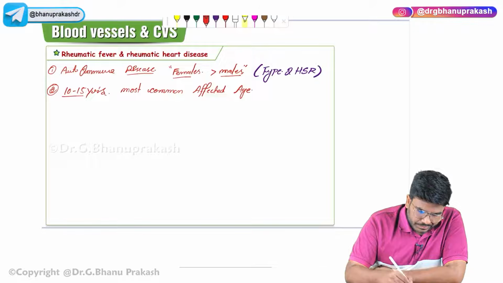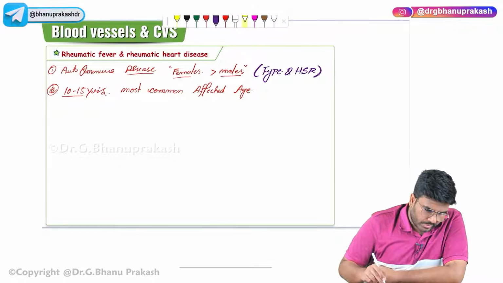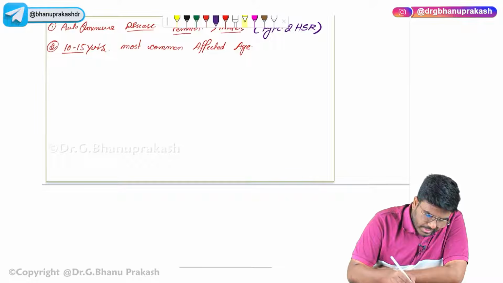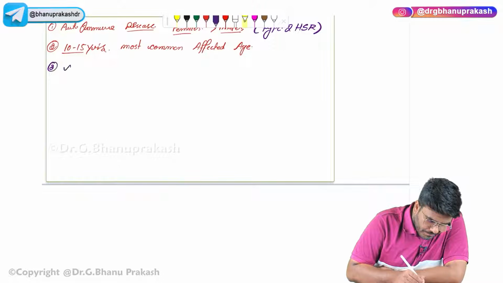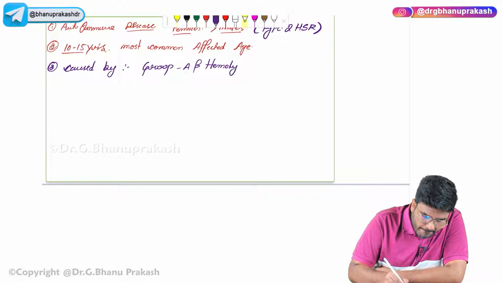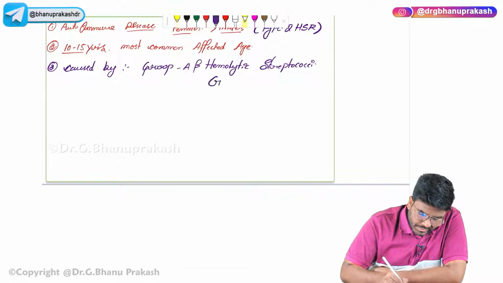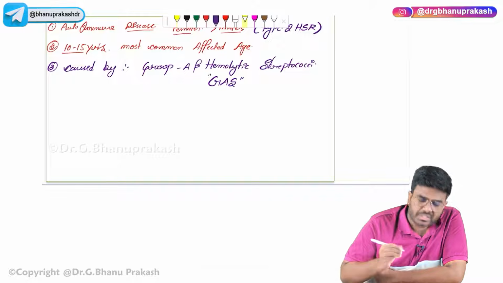So what exactly is rheumatic fever? It's an autoimmune inflammatory disease. It is caused by an organism called group A beta hemolytic streptococci, group A streptococcus.